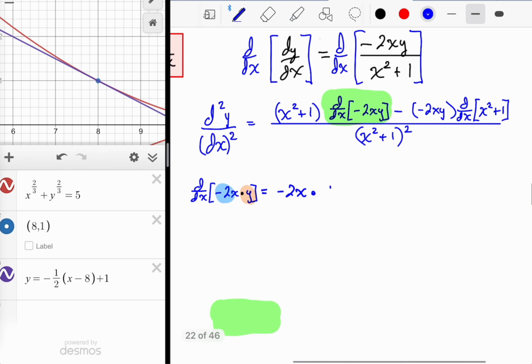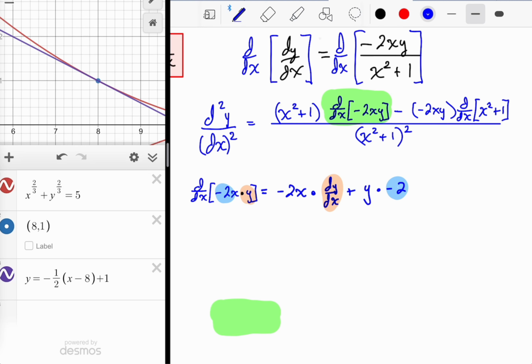So now you just remember that. So plus the second function, which is y, times the derivative of the first, which is just negative 2. Why? Because that's what it was the last 7 times we did it. First times the derivative of the second plus the second times the derivative of the first.